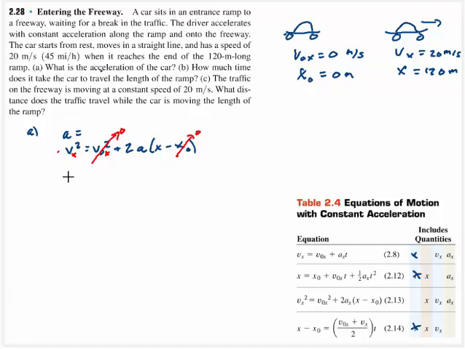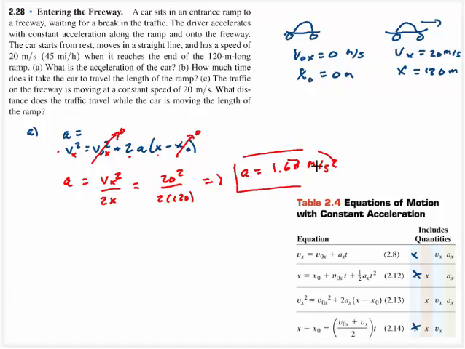We're going to solve for acceleration by dividing by 2x. So the acceleration is simply going to be the velocity in the x squared divided by 2 times the distance that it took. So it's going to be 20 squared divided by 2 times 120, and at the end of the day, the acceleration is going to be 1.67 meters per second squared.